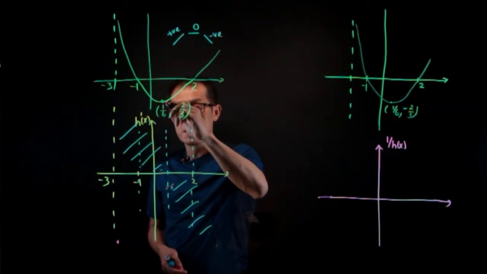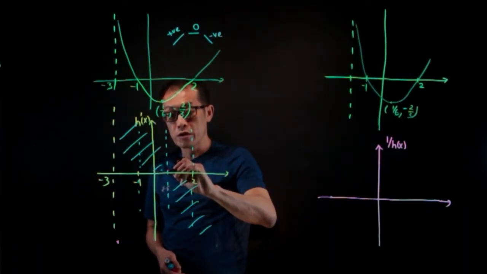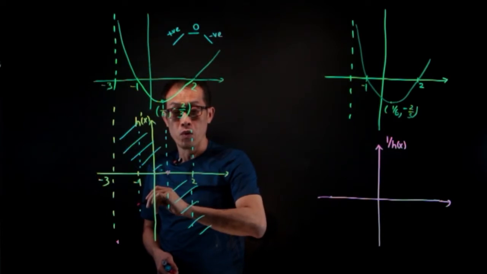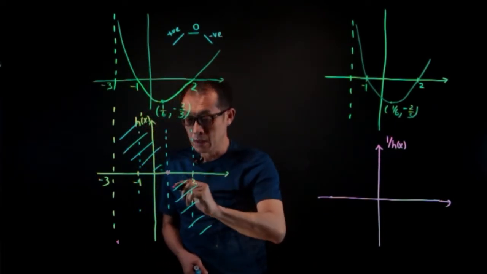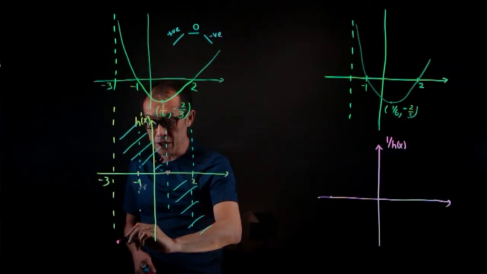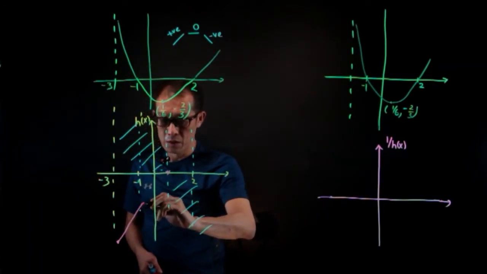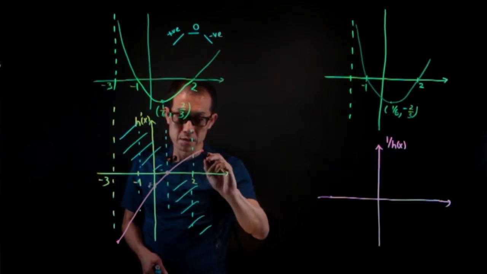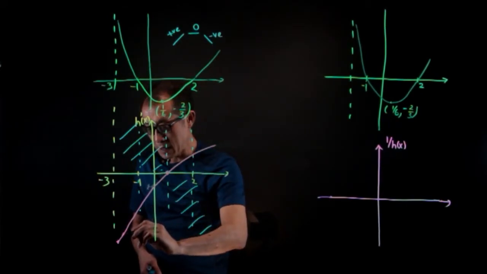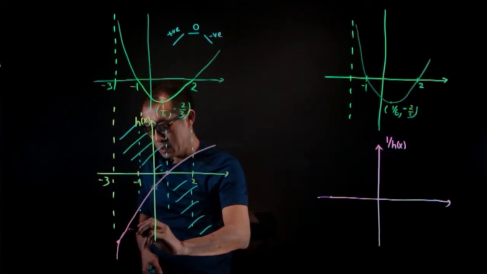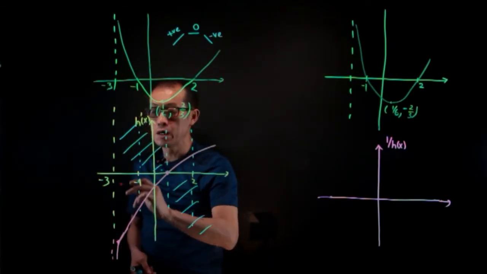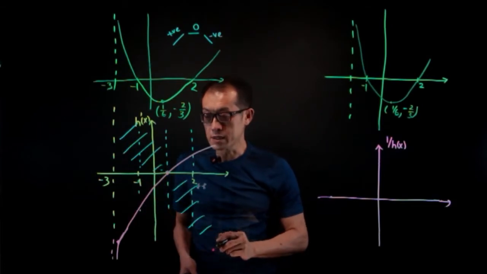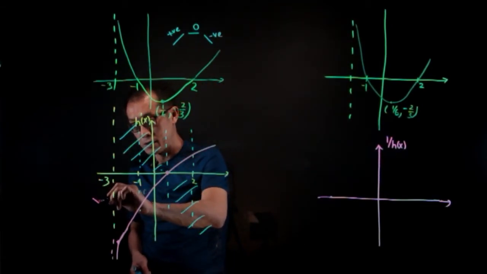And here is a turning point. So the gradient is 0. Here is not as steep as this. So your graph eventually will look something like this. Alright, this part is getting closer and closer to the line x equals -3.